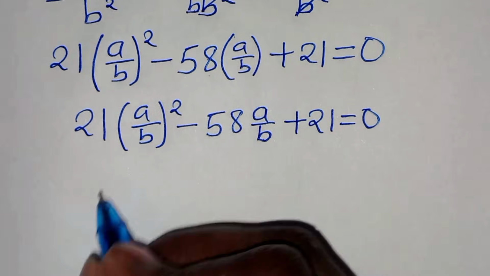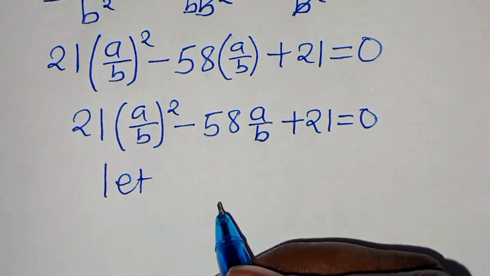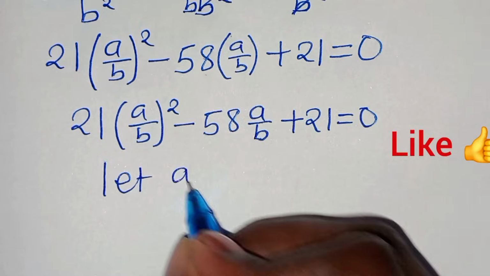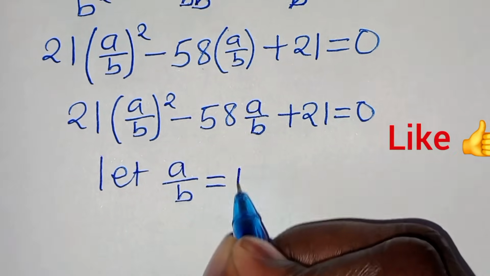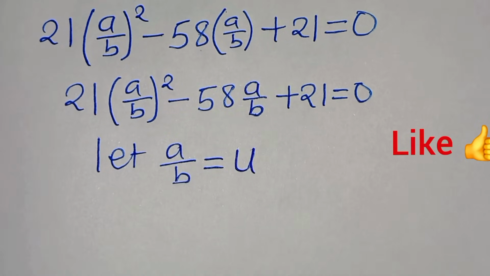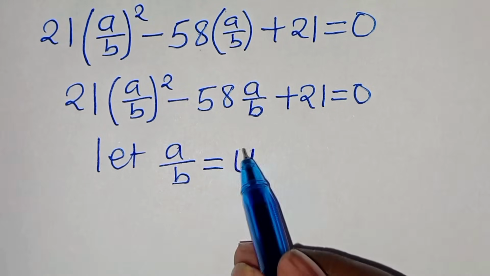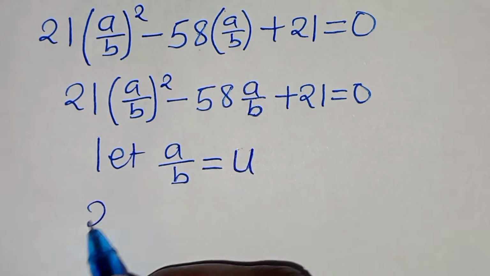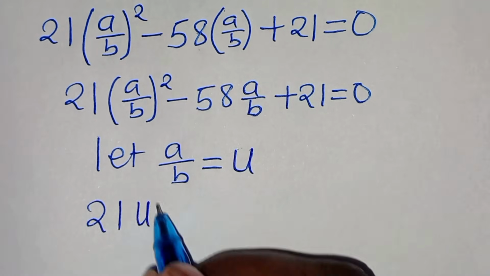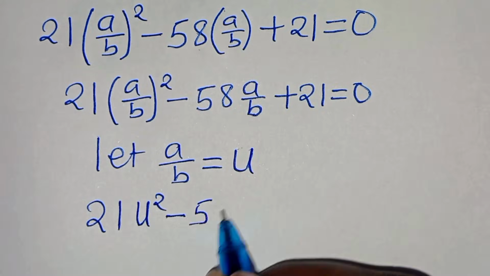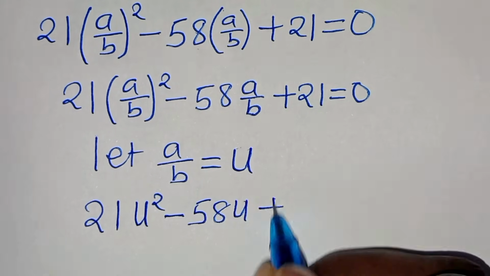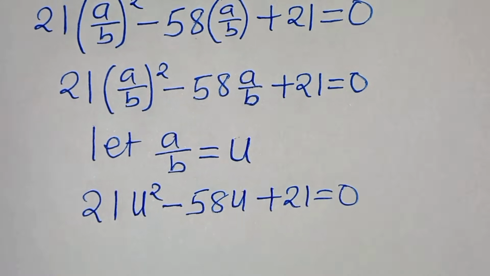So now we can let a over b be equal to u. Okay, so let's substitute a over b with u, so that now this becomes 21u squared minus 58u plus 21, this is equal to 0.